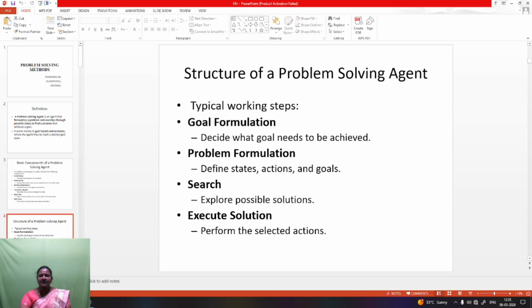Here the goal is set. Then problem formulation defines states, actions and goals. The steps to achieve the goals are defined here. Then search. Search means explore possible solutions. Explore each and every node and finally find the goal. Execute solution: perform the selected actions.